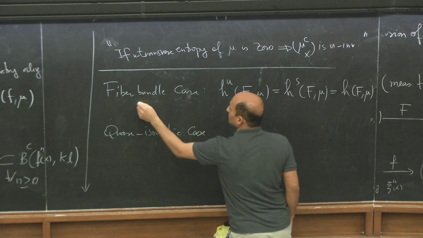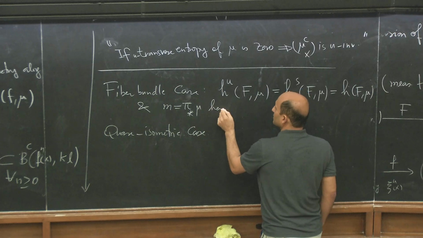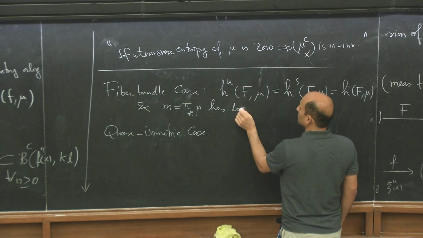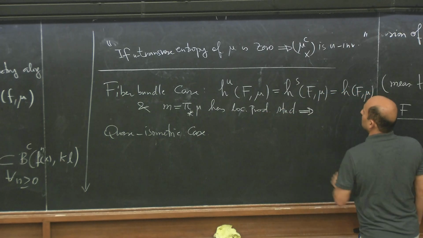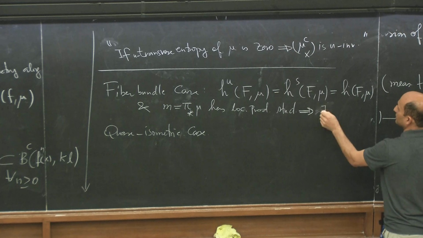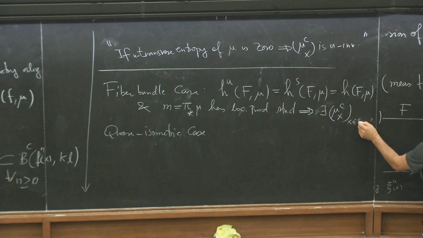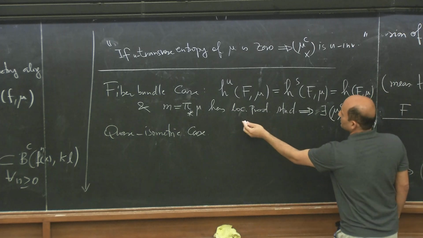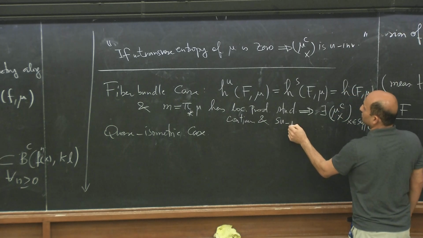Then, suppose that m, which is pi star of mu, has local product structure. Then there exists a family of center disintegrations mu Cx defined on the support of the measure m, which is continuous and SU invariant.